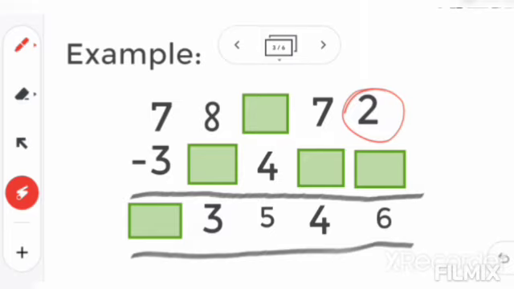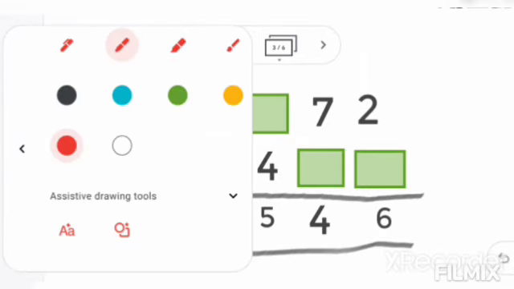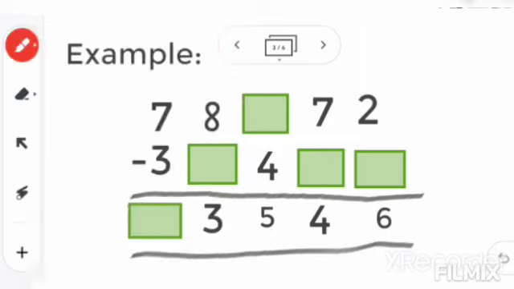See, always the minuend is bigger, the first number only will be bigger. So from it you have to subtract this one. But here we have only 2, isn't it? From 2 we cannot subtract this 6. That means you have to borrow from here. If you borrow 1, then 6 will be here, and now this will be 12.